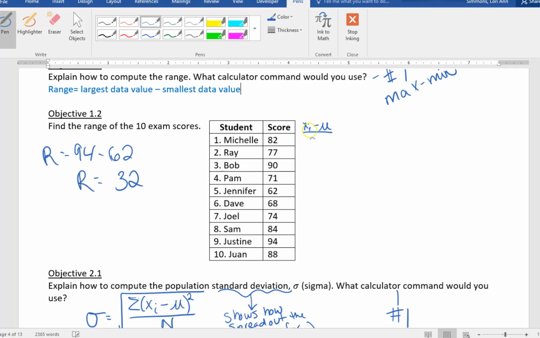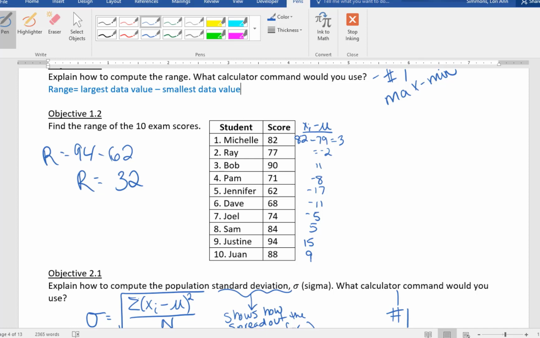Xi is going to be just the corresponding score, and then mu was the mean, and we figured out that was 79 in 3.1. So this is 3. Then 77 minus 79 is negative 2, so on and so forth. So we have 11, negative 8, negative 17, negative 11, negative 5, 5, 15, and 9.